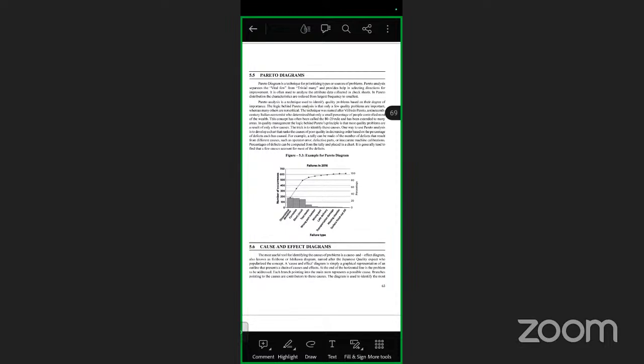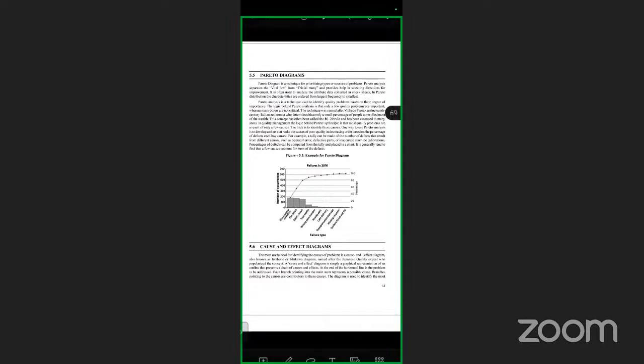One way to use Pareto analysis is to develop a chart ranking causes of poor quality in decreasing order, based on the percentage of defects in each class. We have already seen the chart.